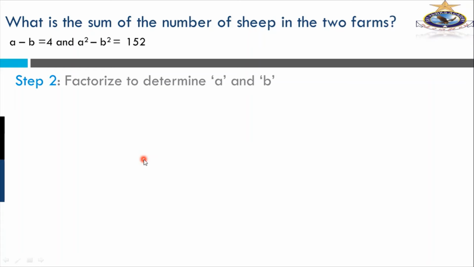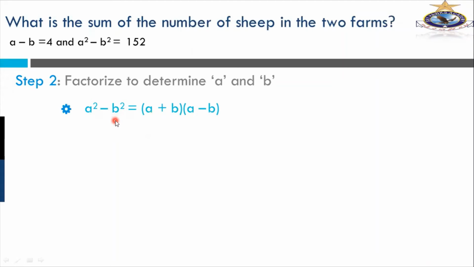What I was saying is that the difference of the squares of two things is always equal to the product of the sum and the difference.